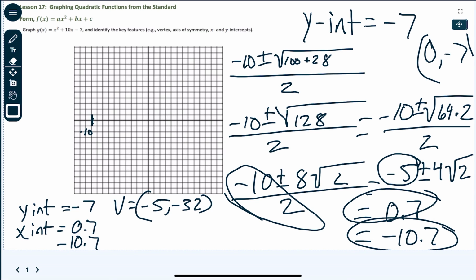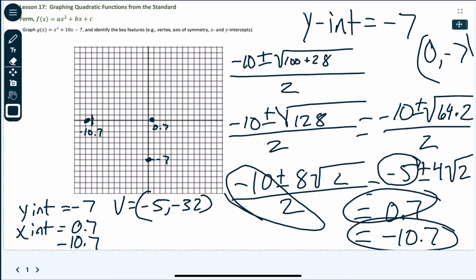So we're going to go to -10.7, almost to 11, and then this is going to be right near -0.7. Y-intercept is -7, so let's go down 1, 2, 3, 4, 5, 6, 7. Here we are with -7. So let's put a dot there, dot there, dot there.